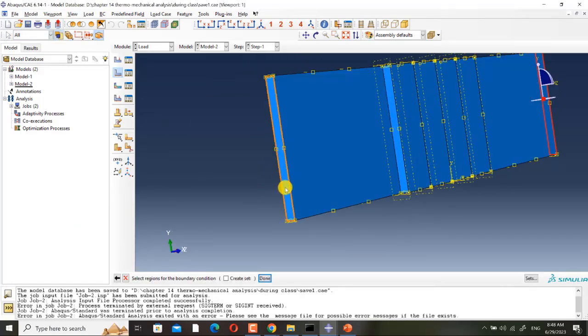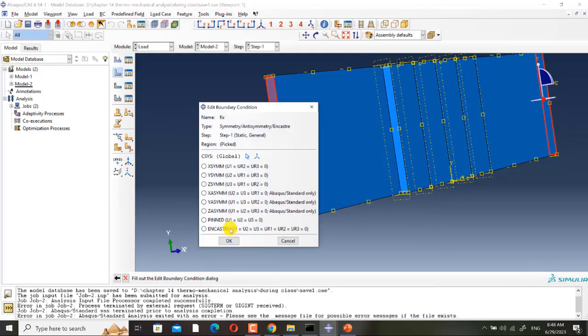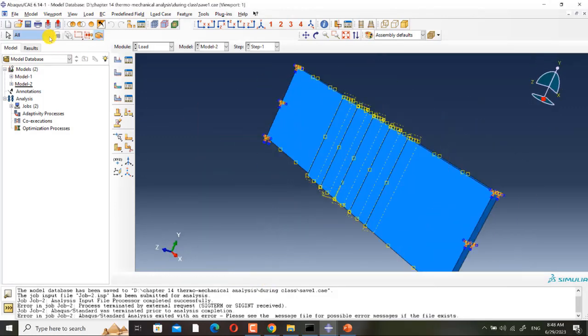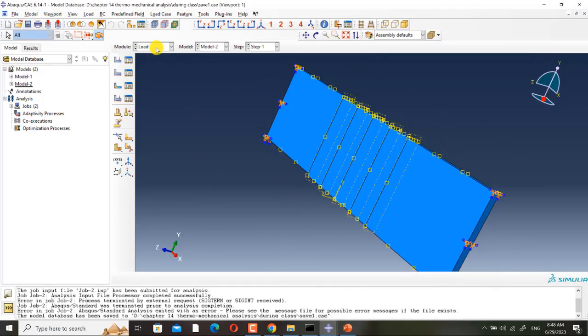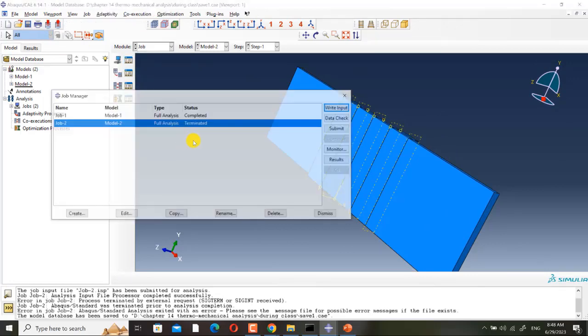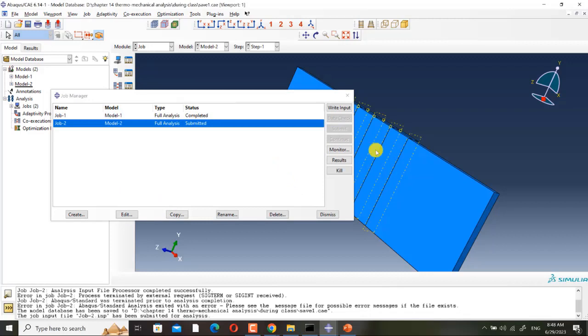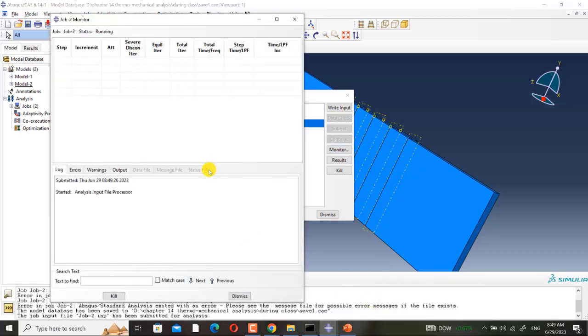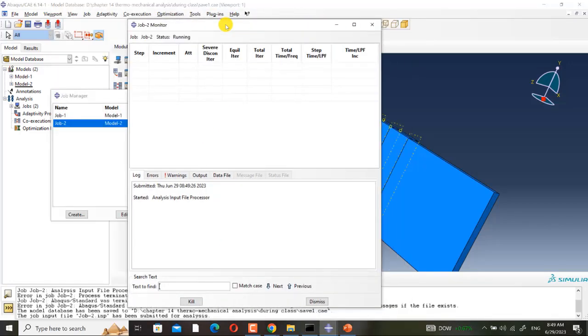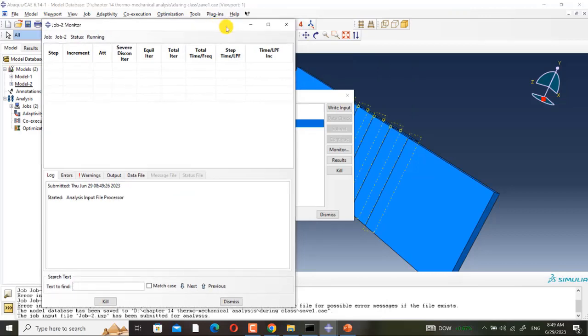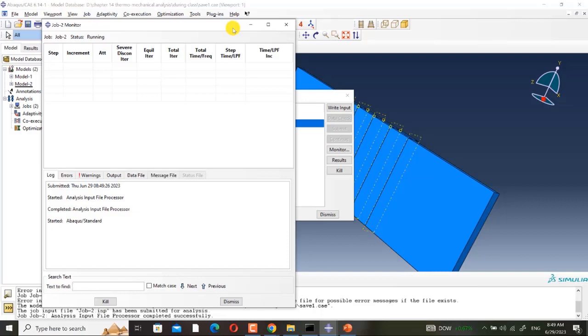They are fixed here. They are fixed, and now it is correct. The stress will be induced into the simulation.